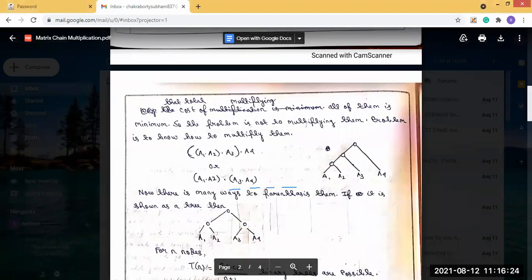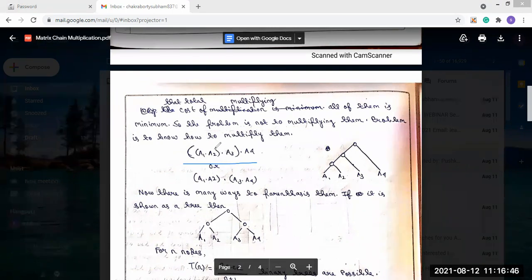Let's say this is the example: in this way we can multiply. First, the 4 matrices are given, so A1 and A2 are multiplied and a resultant R1 is generated.